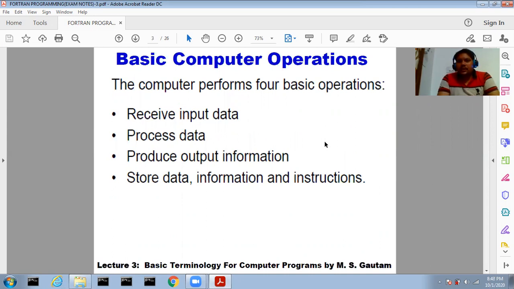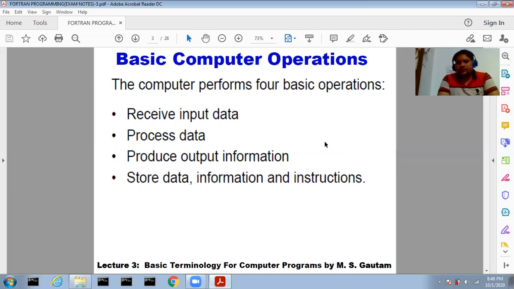In any work, in any particular operation, the computer does some basic operations. The basic operations of a computer are broadly classified into four categories, or four steps.